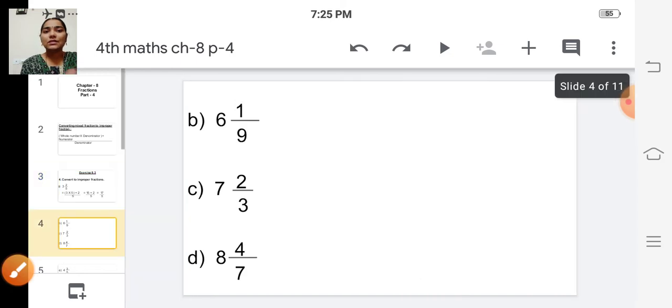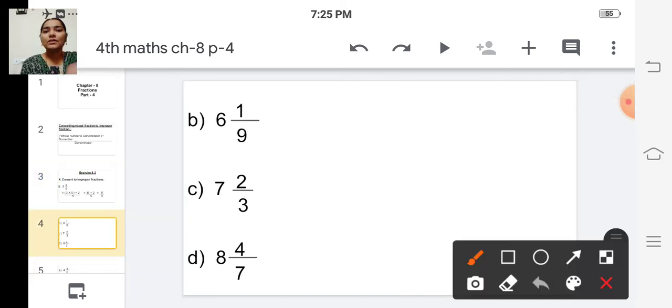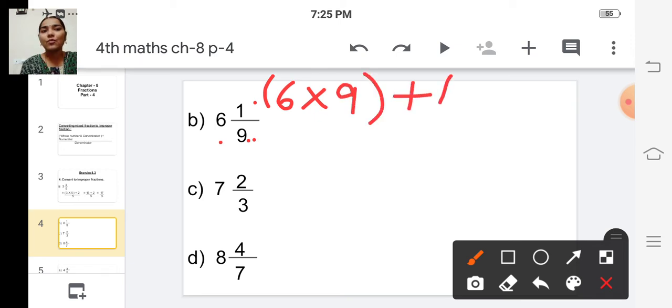So we shall see the next problem. The next fraction is 6 1 by 9. So we are going to use that formula. What formula? Whole number into denominator plus numerator divided by denominator. Whole number is 6. So 6 into denominator. Denominator is 9. 6 into 9 plus numerator. Numerator is 1 divided by denominator.